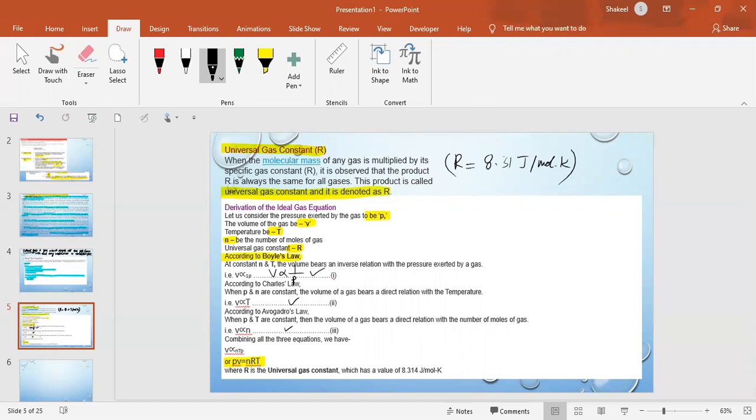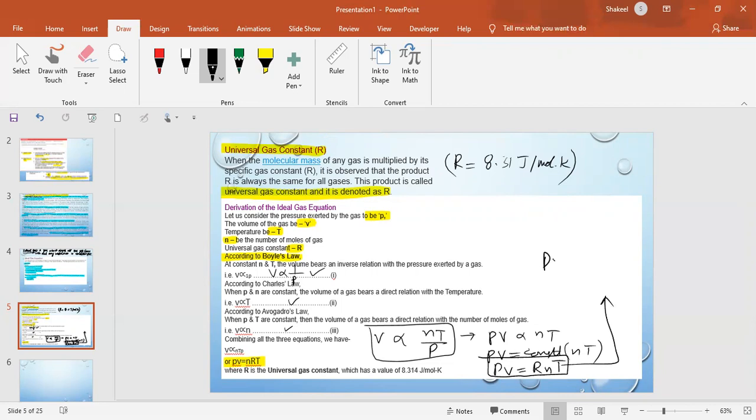So the greater the number of moles, the number of particles, the greater the volume. Combining all of these, you get V proportional to nT over P. Taking P to the other side, PV is proportional to nT, and then introducing a constant, which is R, you get PV = nRT. That's how you derive this equation.